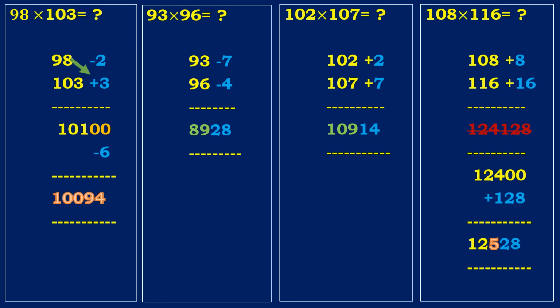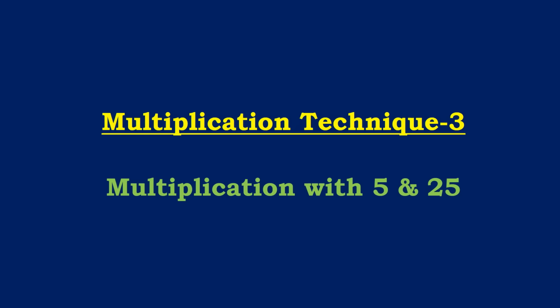The product of 8 into 16 will be 128. Then, the sum of 12,400 and 128 will be the required result, that is 12,528.